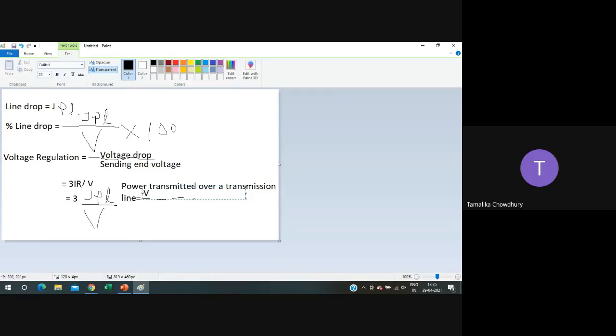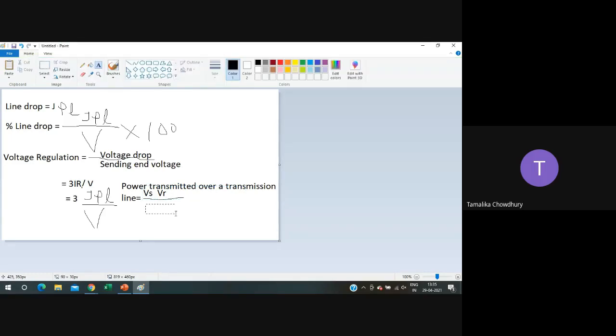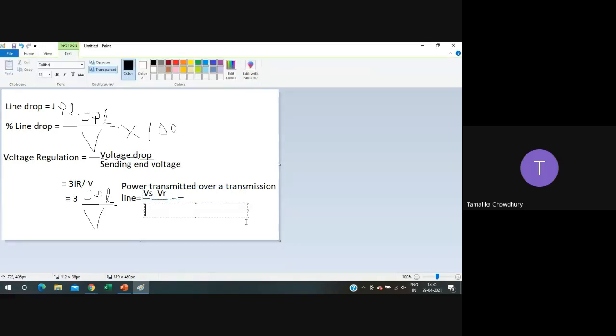Vs, which is the sending end voltage, then Vr, the receiving end voltage, so Vs Vr divided by X. X is the reactance.